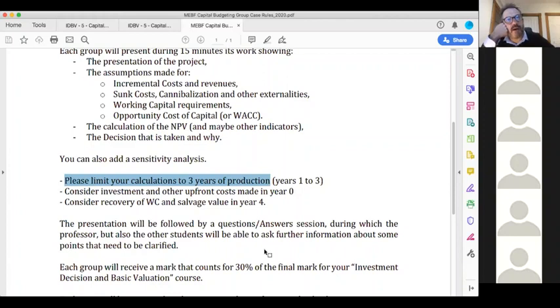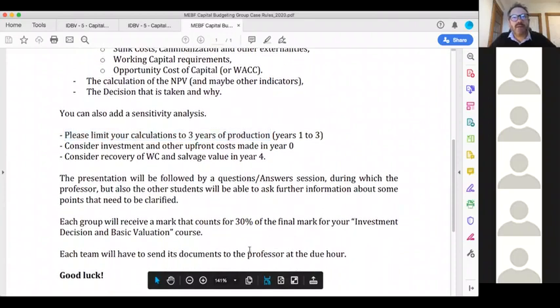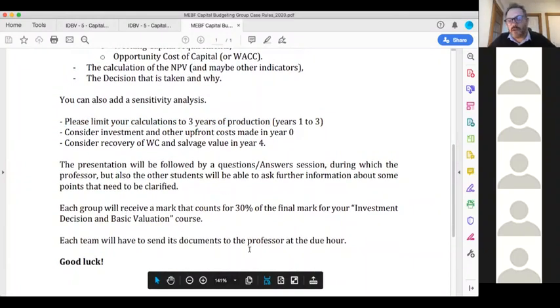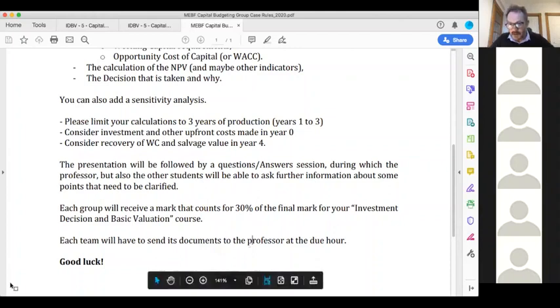Each group will receive a mark that counts for 30% of the final mark for your course. Each team will have to send its document to the professor at the due hour. So it means that tomorrow, after 1 hour of session, or Saturday, just before the presentation, everyone should send me the presentation to, let's say, this address, to make it simple.